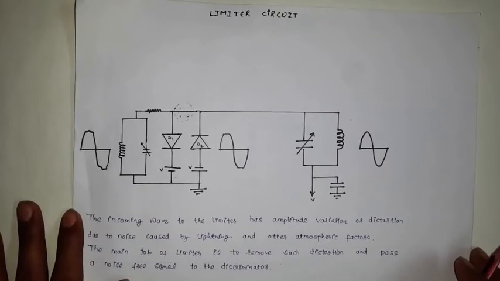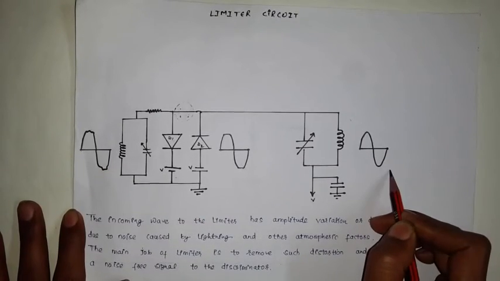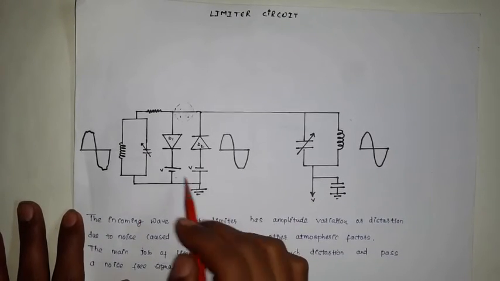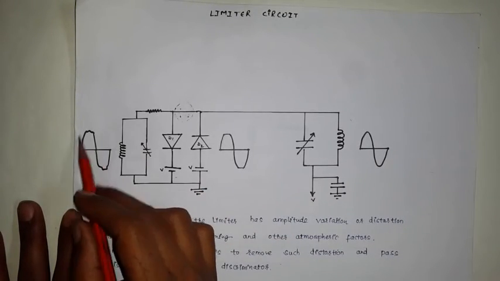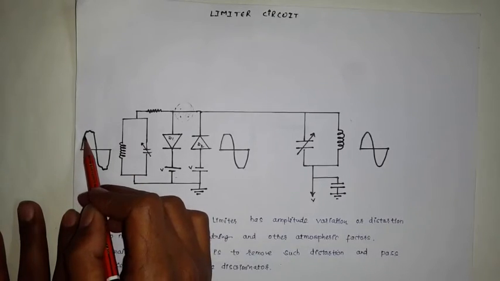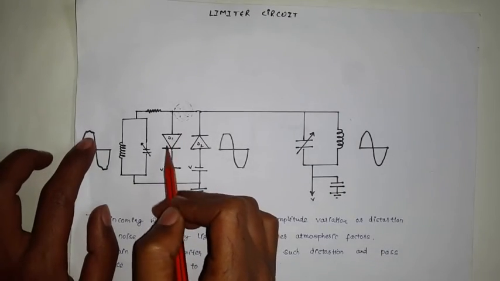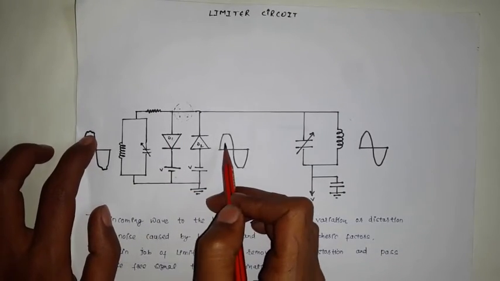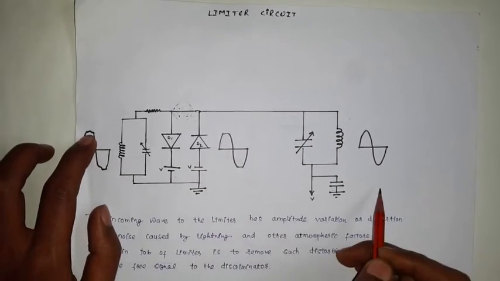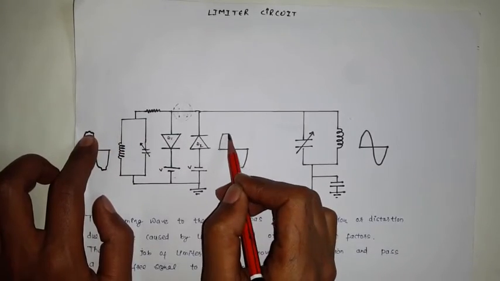So the main job of the limiter circuit is to remove such distortions and provide a distortion-free phase signal to the discriminator. This is how the circuit works. The distorted signal is fed here, and as the voltage increases to a certain voltage V, this diode gets forward biased and the output voltage becomes constant, equal to V. This way the distorted signal is clipped out.